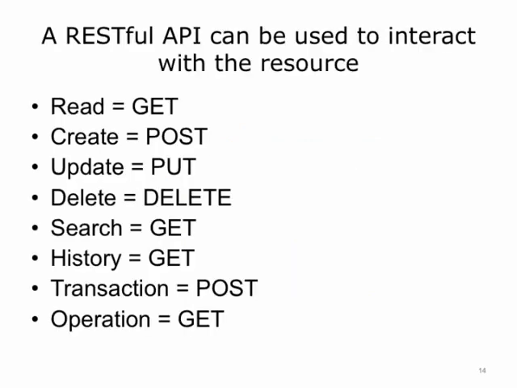The FHIR operations consist of create a resource, which uses RESTful API command POST; read a resource, which uses GET; update a resource, which uses PUT; and delete a resource, which uses DELETE. Search uses GET, history uses GET, transaction uses POST, and operation uses GET.